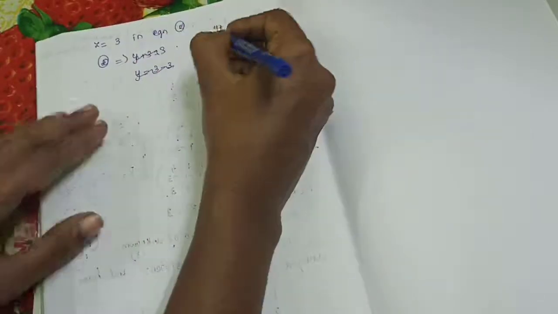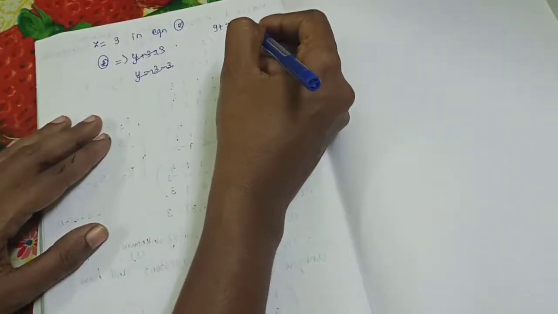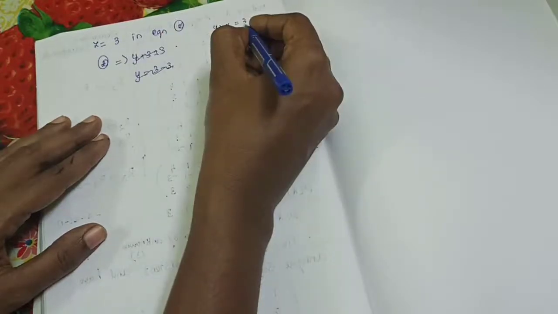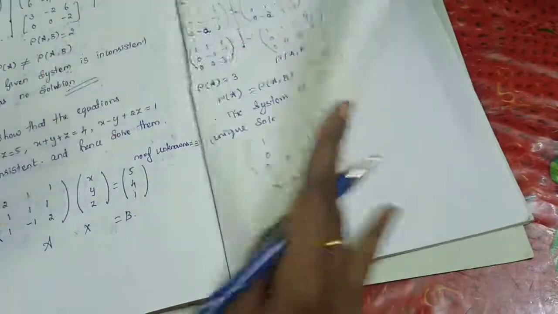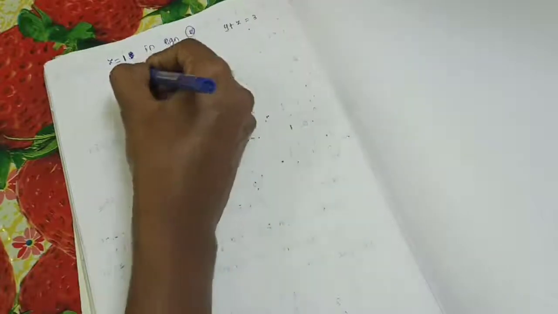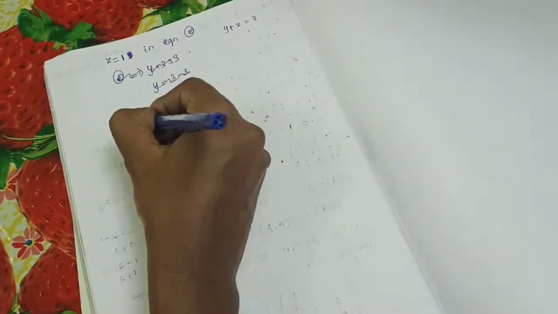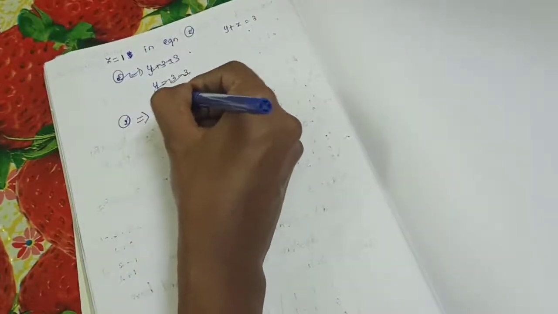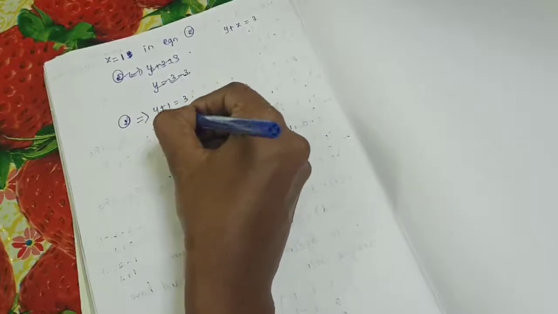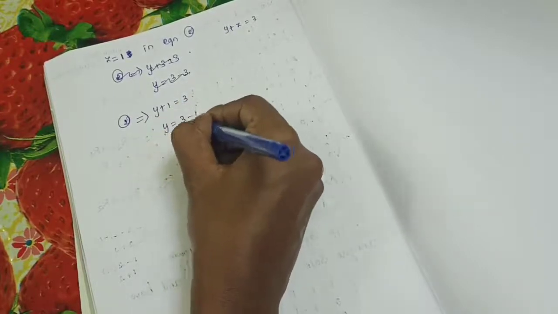So z is equal to 1, you substitute here. So equation 2 implies y plus 1 is equal to 3. So y is equal to 3 minus 1. y is equal to 2.